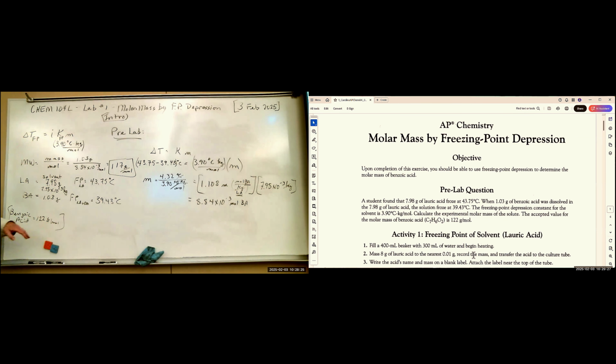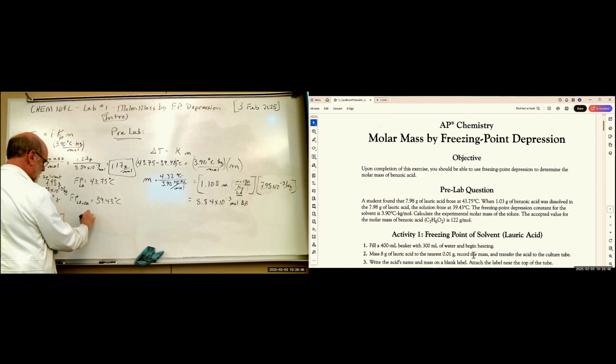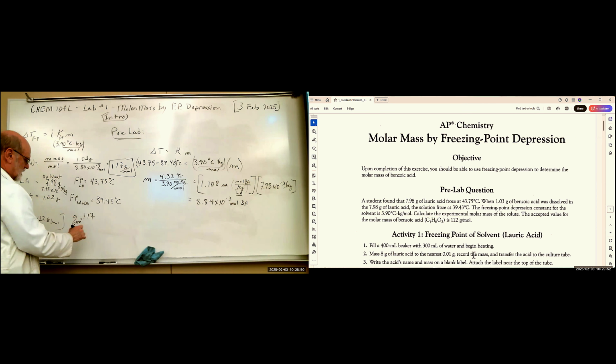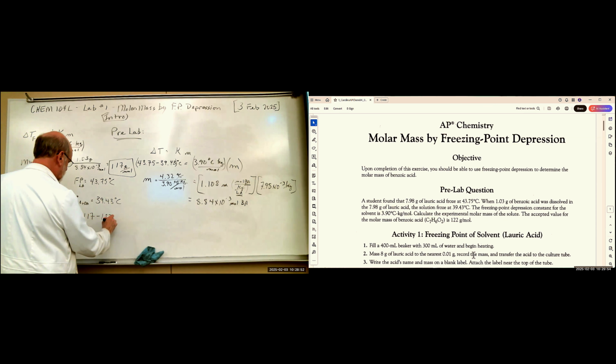Close, no cigar. So what's the percent error? It's the calculated minus the accepted, divided by the accepted, times 100. Percent error: 117 minus 122, divided by 122.